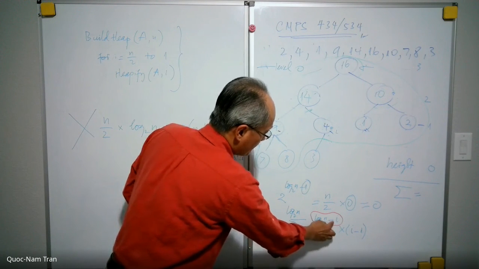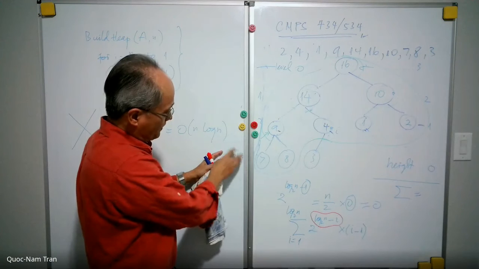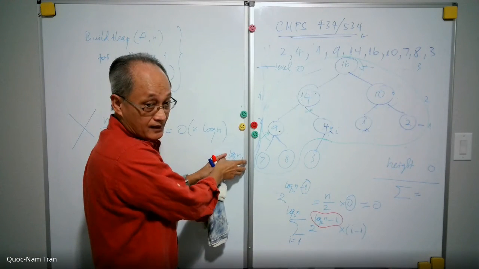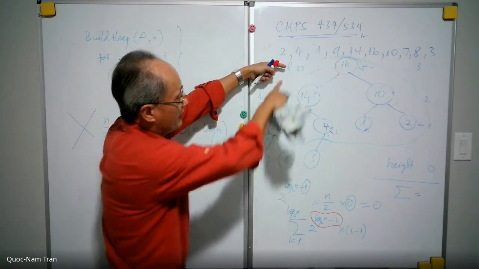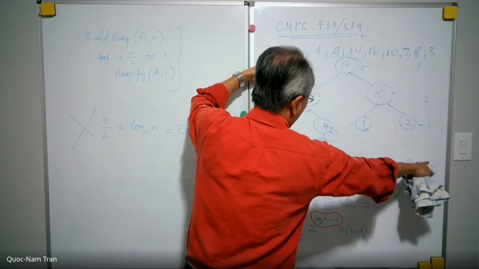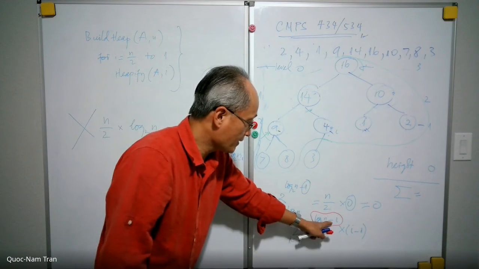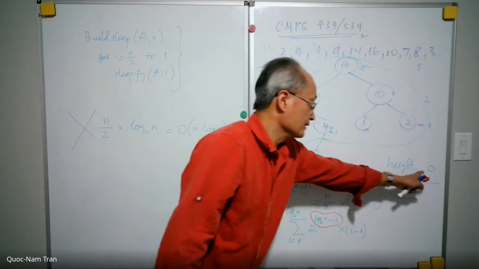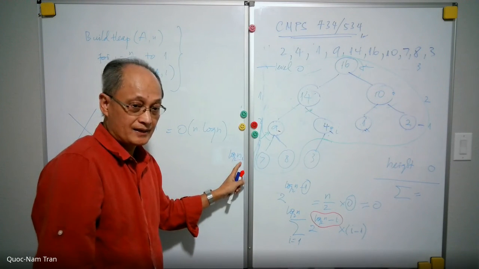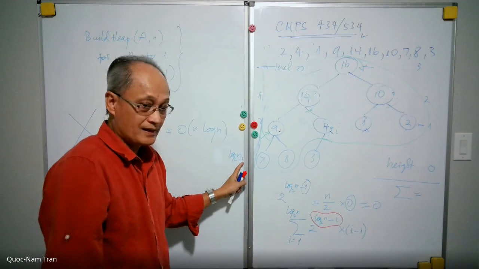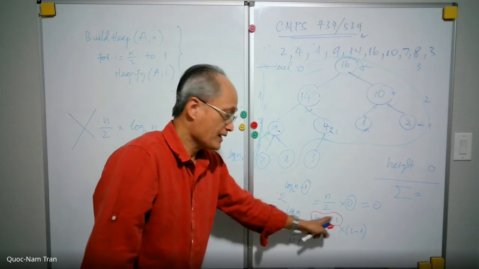What is it? It's exactly log 2 of n here. So if you look at the level and the height are in the reverse order, right? So if log 2 of n minus i, look at this. This one is log 2 of n minus 1. When we add them, you have log 2 of n minus 1. This one you can have what?